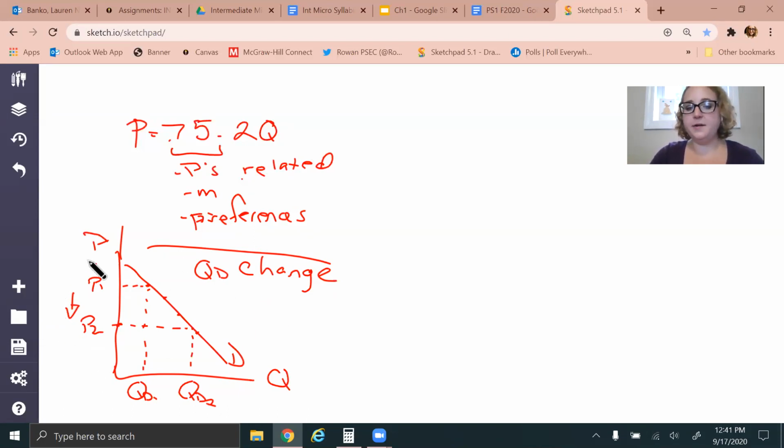A price change down here for this good affects the quantity demanded. So it's two different things. Demand is this whole line, whereas quantity demanded is just a point, or an actual number you can think. So demand is representing all these different possibilities, whereas quantity demanded is just one of them. So outside forces affect the demand and where it is, whether it's an increase or decrease, but prices affect the quantity demanded. You want to make sure you have that down.